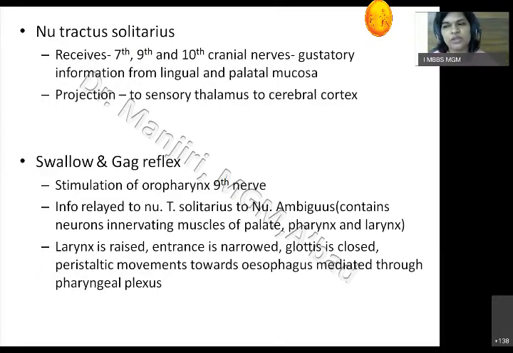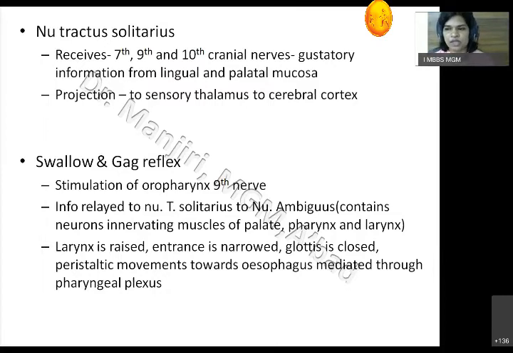And as usual, sensory information is carried to the thalamus, from thalamus to cerebral cortex. So nucleus tractus solitarius receives taste sensation, and then it goes to thalamus, thalamus to cerebral cortex. The function of this nucleus is also involved in swallowing and gag reflex. The ninth nerve, which is supplying oropharynx and soft palate, is a sensory nerve to this part.